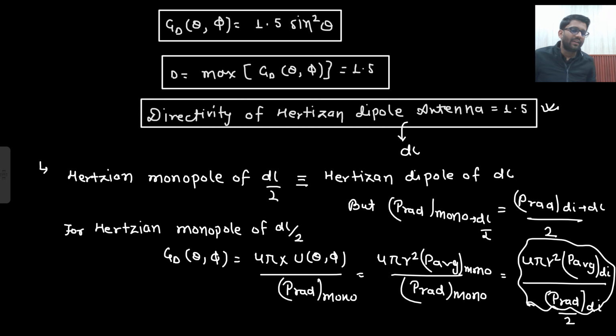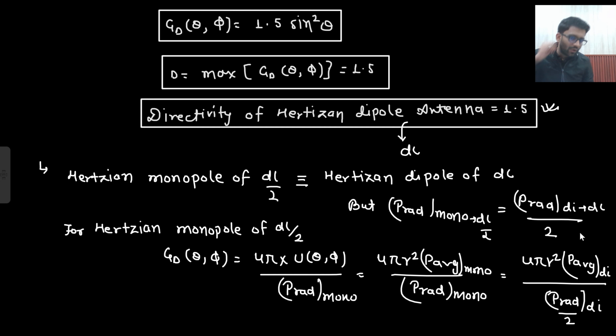Yeah. It is 1.5 sin square theta. So what will be your GD theta comma phi for monopole dl by 2? That would be 1.5 sin square theta into 2, because this 2 will go upward.